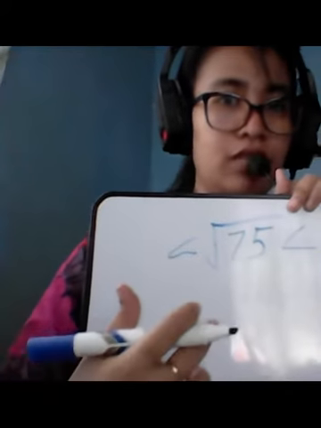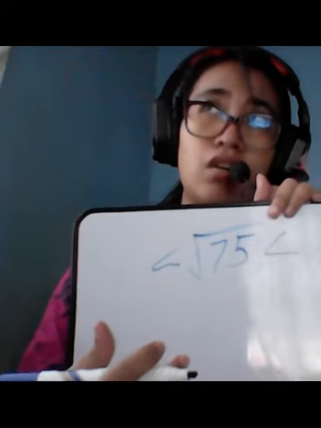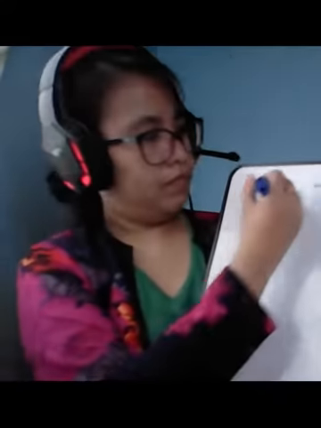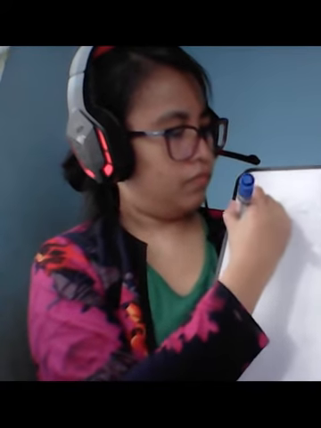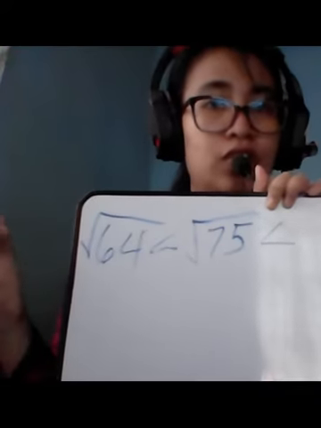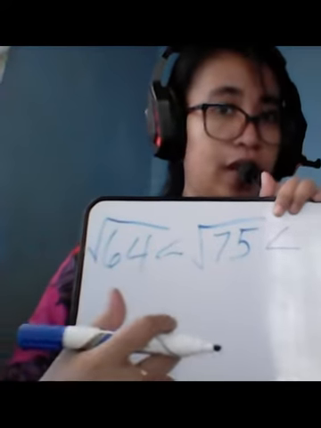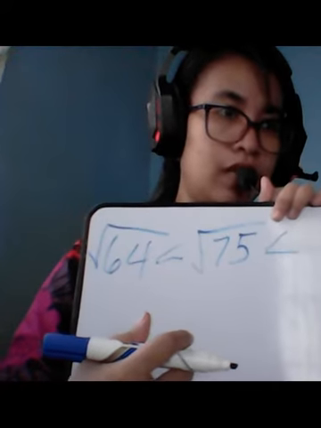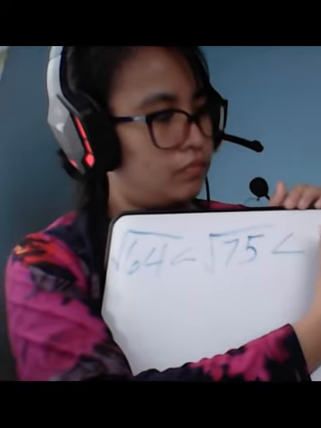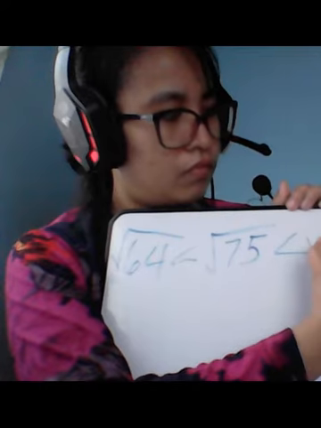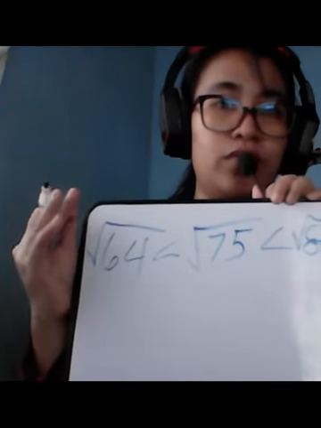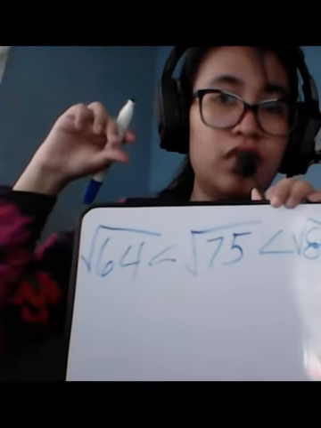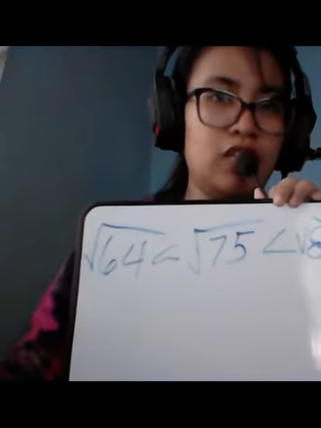Okay, so from 75, we can think of 64. Later, we will get the square root of that. From 75 also, we can think of the next one, which is 81. Again, we will get the square root of that. So the square root of 64, we all know that it is 8 on the table that I showed you a while ago.